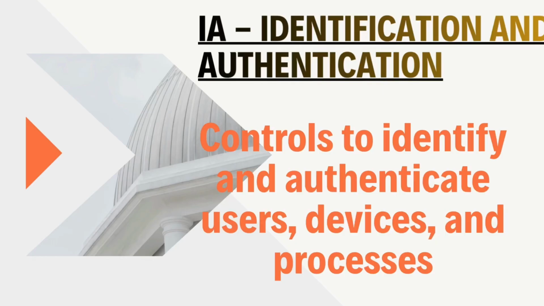IA, identification and authentication. This verifies user and device identities before granting access. Most of the time, when you work for a bigger company, you're given an email, and you can only access the company's systems with the company-provided email.